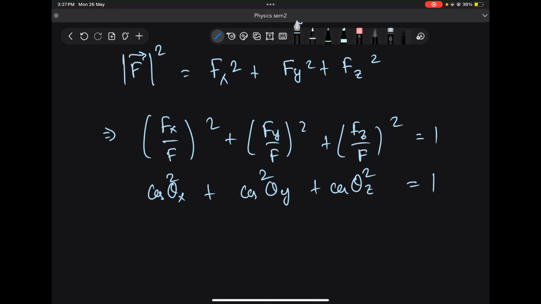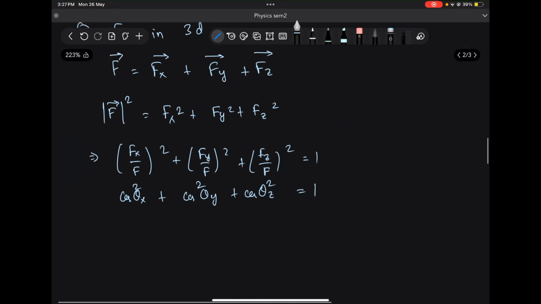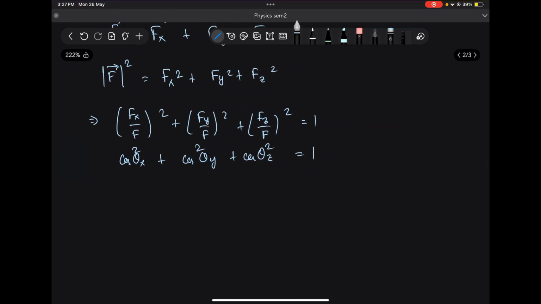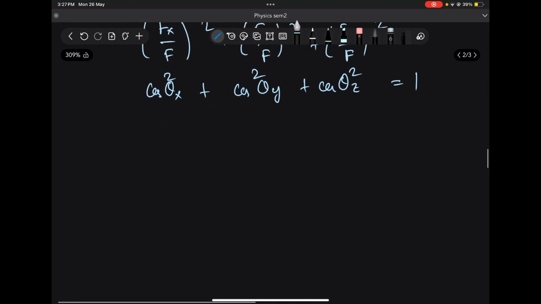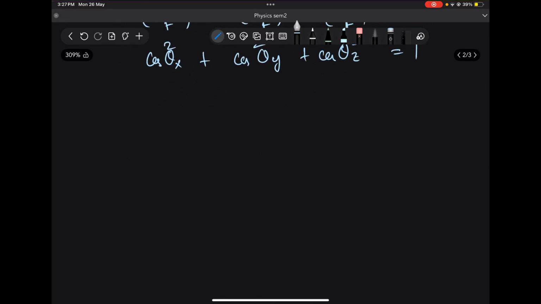And therefore we get this equation. This is something that you must have learned in 3D geometry in your earlier classes. So that is all there is to vectors, and this is something we will need when we solve sums of 3D. Now let's come to our next topic, which is the first basic theoretical topic, that is Lami's theorem.